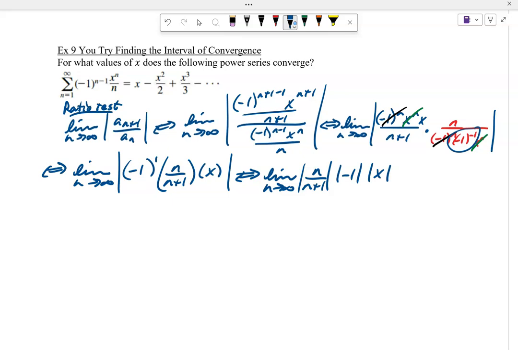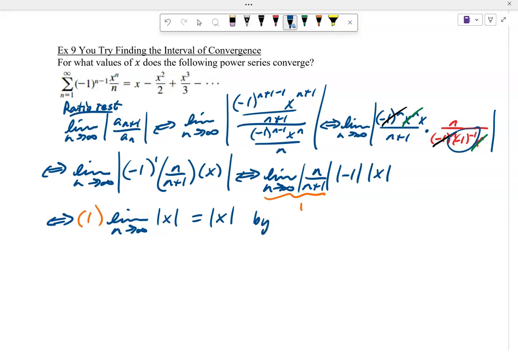And this right here, that part will give me 1, right, that limit. So I got 1, got the limit as n goes to infinity. Absolute value of -1 is just 1. So this just ends up being the absolute value of x after all that.